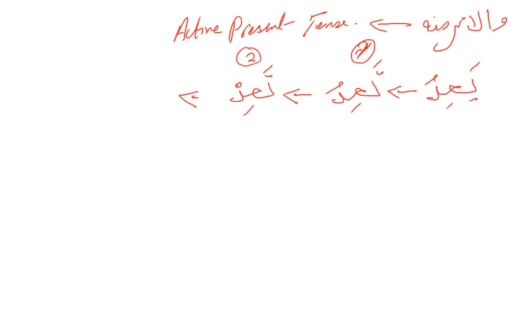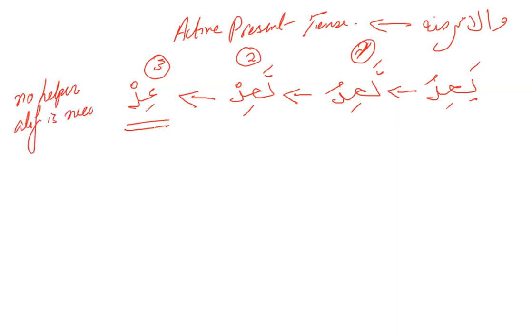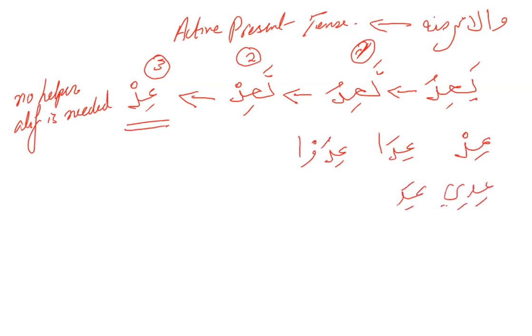And then what do we do? Drop the ta. Id. Can we read this by itself? Yes. So no helper alif is needed. And what will be the conjugation for id? Id, ida, idu, idi, ida, idna. Excellent. This is the fi'l amr conjugation.